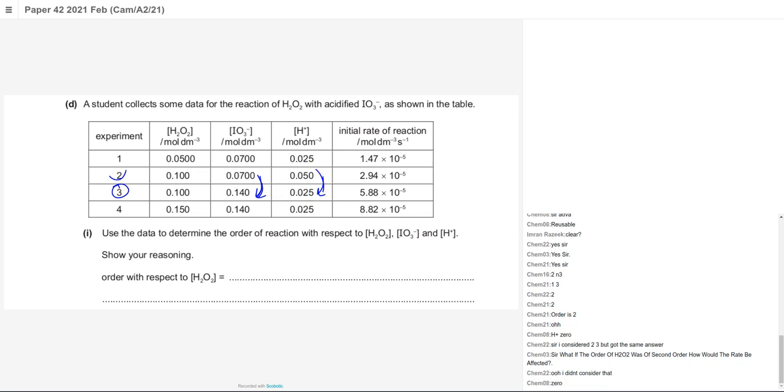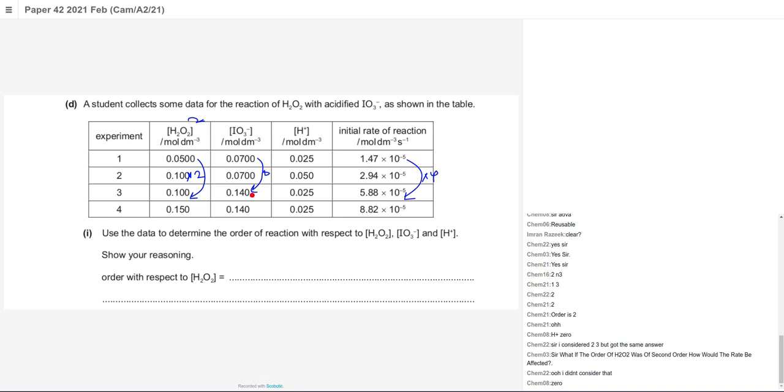If it is second order, then the order with respect to IO3 minus will be 0th. You know why? If this is second order, doubling the concentration should increase the rate by 4 times.